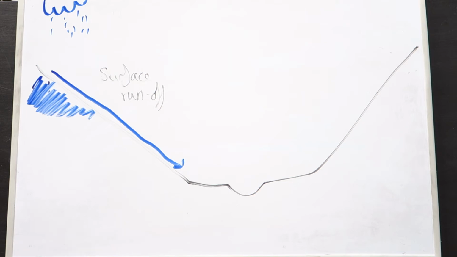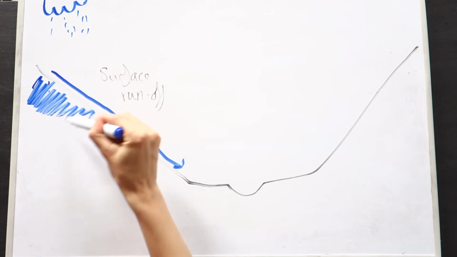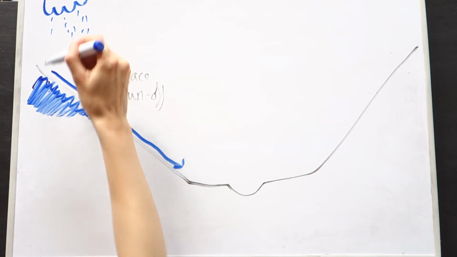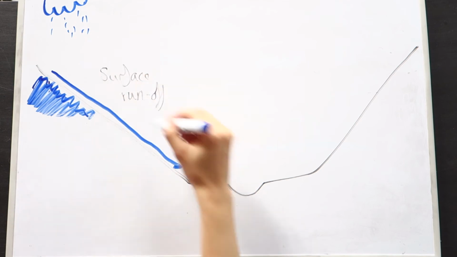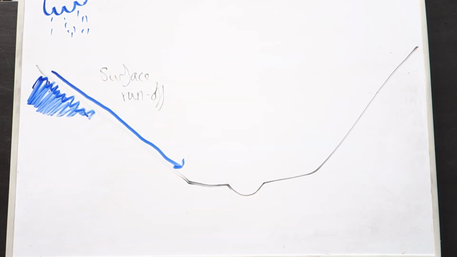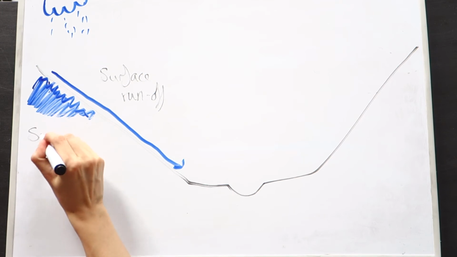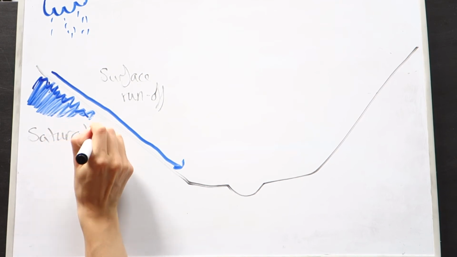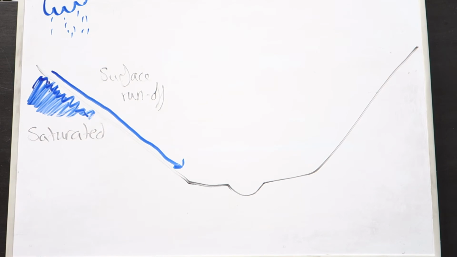If you keep adding milk to your breakfast cereal, your bowl will overflow. If you keep adding water to the soil, the water can't infiltrate into the soil anymore, it's going to overflow and there will be more surface runoff. When the ground is so full of water that the water can't infiltrate anymore, we call that ground saturated. So if there is rain for a long amount of time, prolonged precipitation, the ground becomes saturated and that increases surface runoff.